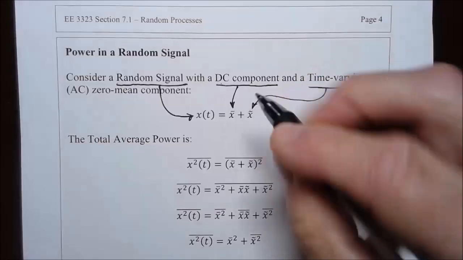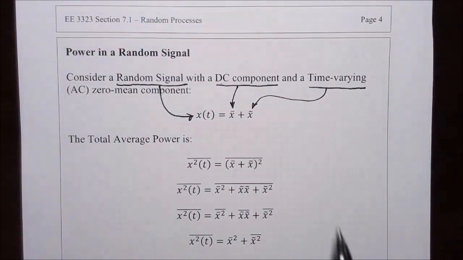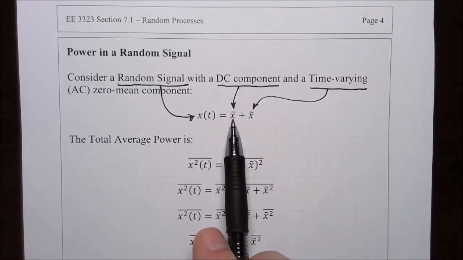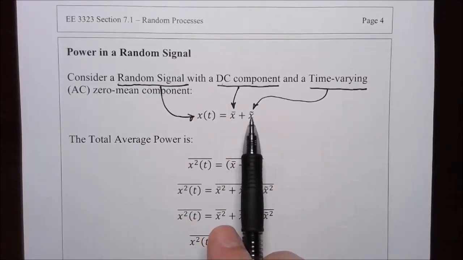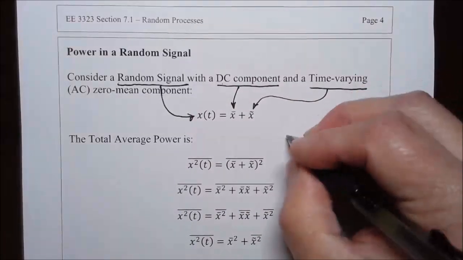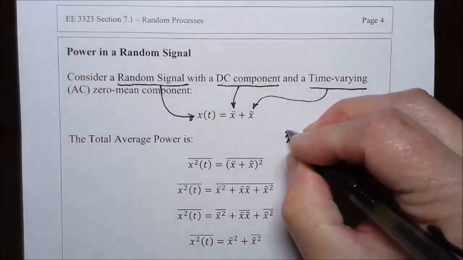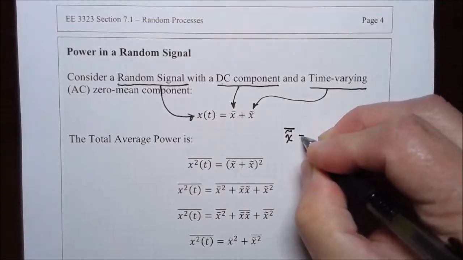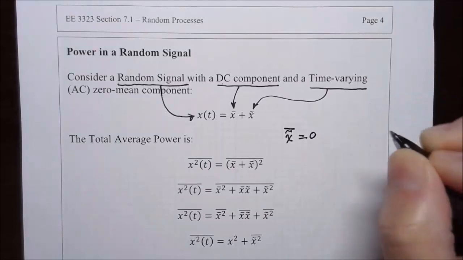This is x with the squiggle across the top. So our random signal has a DC component plus an AC component, and if you take the AC component and then you take its time average, that is going to be 0.